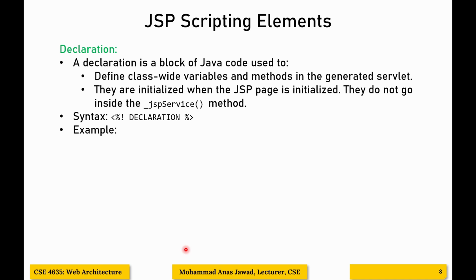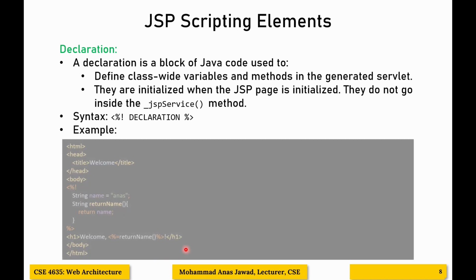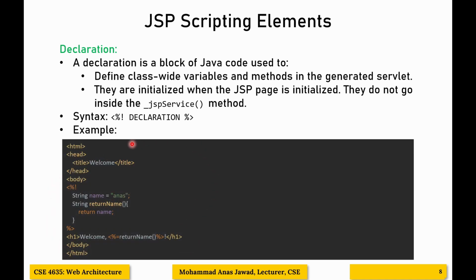As for an example of JSP declarations, consider this JSP page here, and inside this JSP page, we have created a declaration tag here, and inside this declaration, we are creating a string variable called name, and we have assigned it the value anas. We have also created a function inside this declaration tag, and the name of this function is return name, and all it does is return the name string variable.